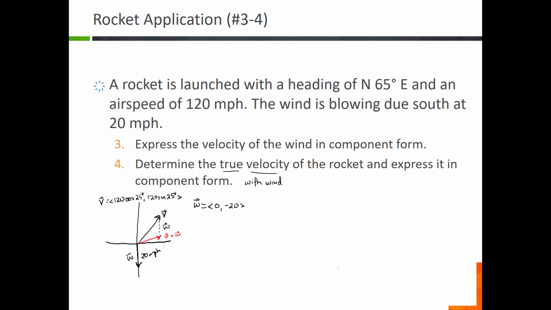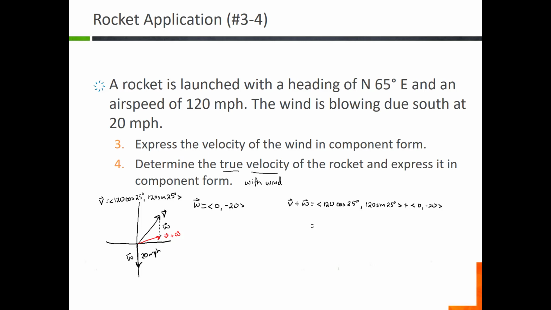So we have to do the velocity of the rocket plus the velocity of the wind, which is going to be 120 times the cosine of 25 degrees, and 120 times the sine of 25 degrees, plus 0, negative 20.